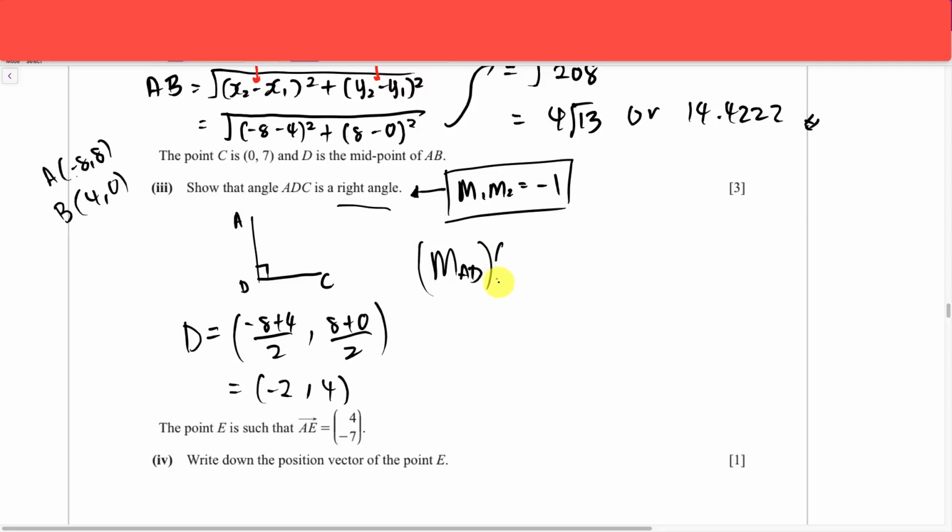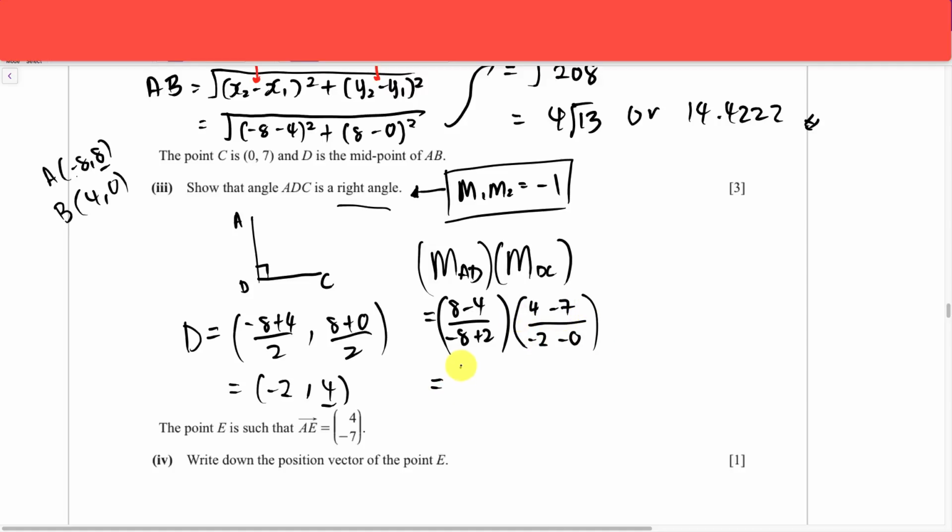I know the gradient of AD multiplied by the gradient of DC should equal -1, so I'm going to show that. I will sub the gradients straight away from here, which will save me a little bit of time. For AD, I focus on coordinates A and D. So it will be 8 minus 4 over -8 minus -2, which will be 2. Then this one will be DC. I will say D minus the coordinate C, where C is 7, over -2 minus 0.